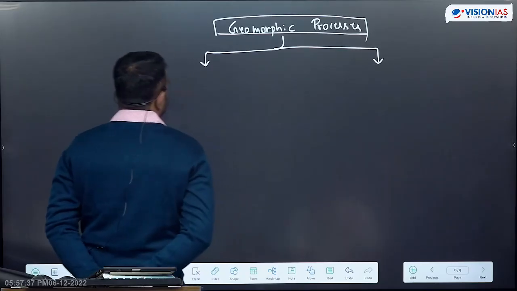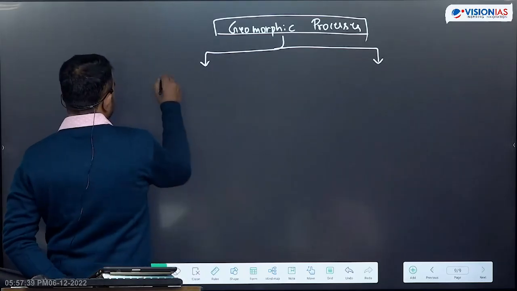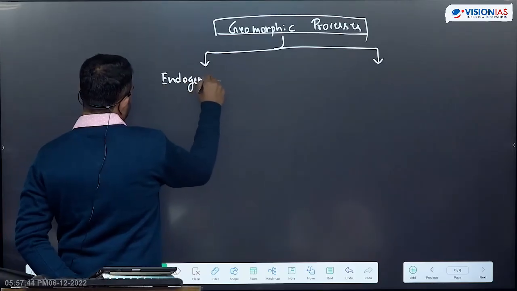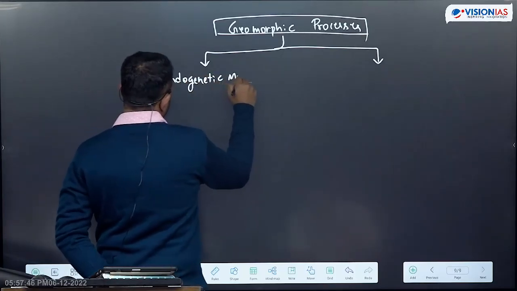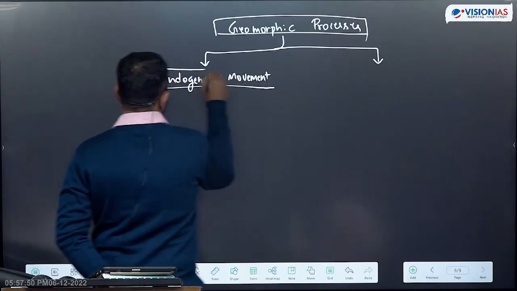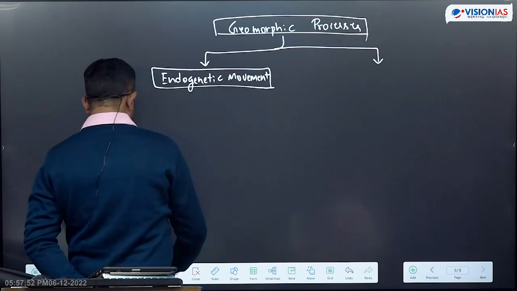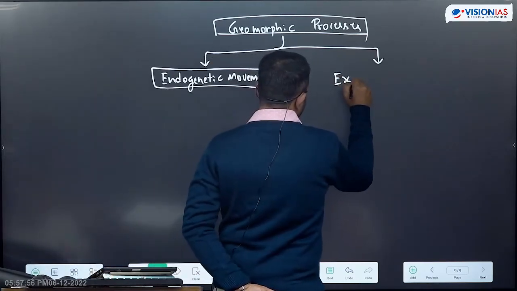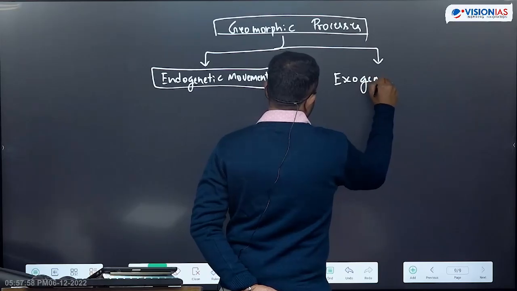So all the processes are of two types. One is endogenetic movement. Second one is exogenetic.